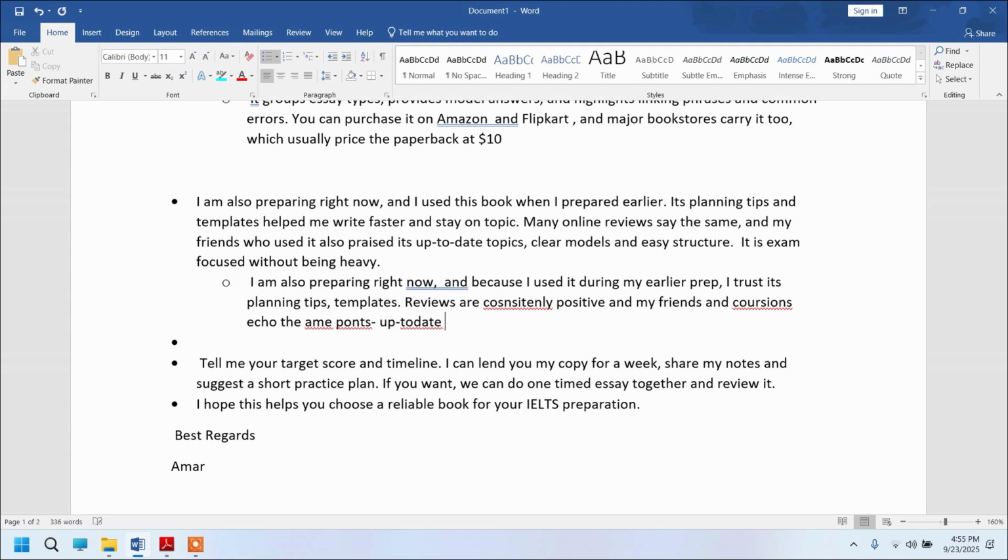Up-to-date topics, clear models, and an easy structure. So a little bit of change in your sentence type now. Okay, the rest is everything the same.